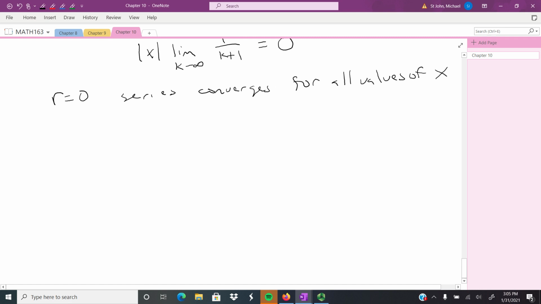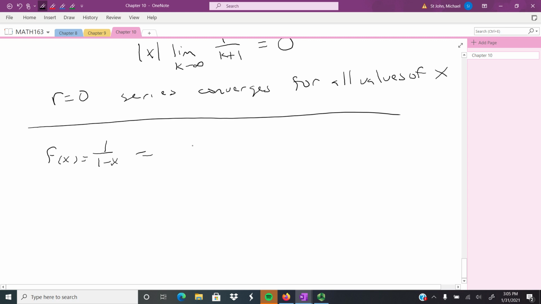So let's say we have this one, f(x) equals 1 over 1 − x, which would be given by the power series sum of x^k. So 1 + x + x² + x³ and so on.